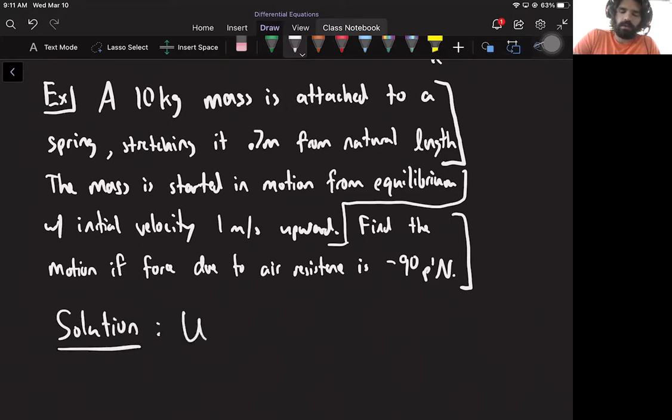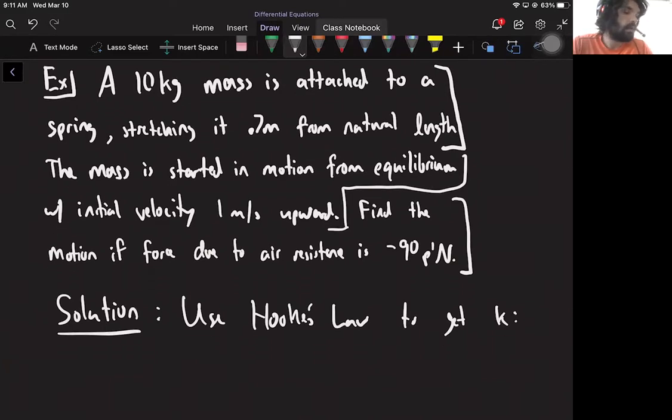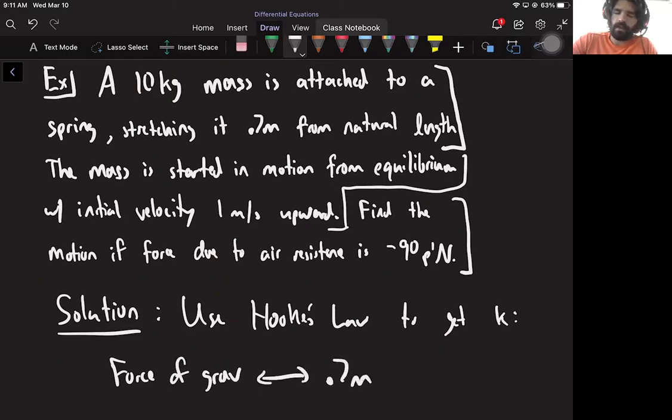First thing we're going to do is use Hooke's law again to get K. A little different than last time. Last time we were given the weight, which is the force. Now we're given the mass, but we can still use that. So the idea is that the force of gravity is what's causing this 0.7 meter stretch.